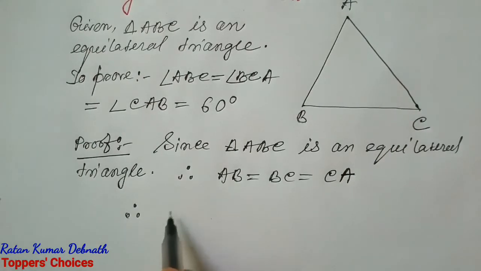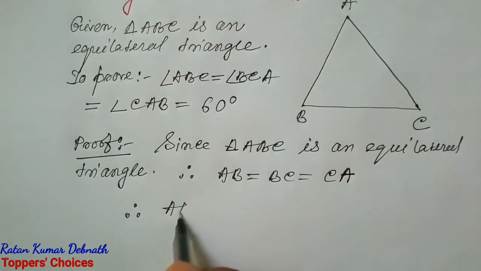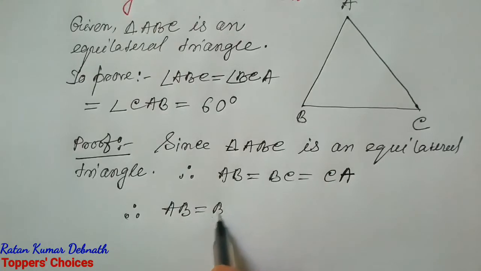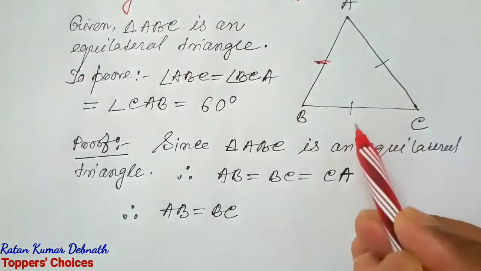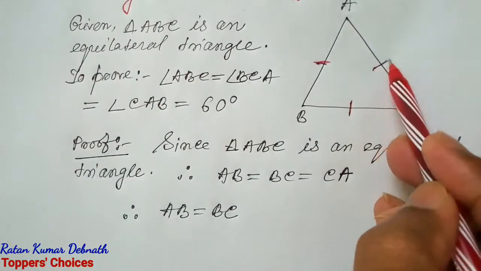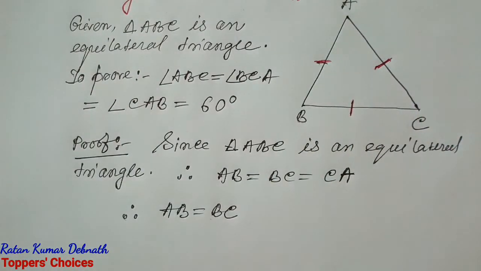Therefore we can say AB equals to BC also. If AB equals to BC equals to CA, then we can obviously say AB equals to BC.